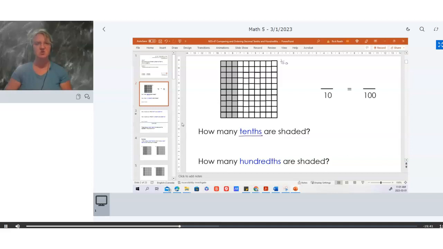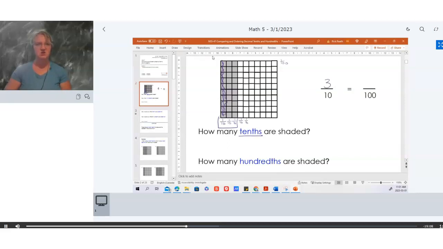Well, if we have 10 groups of those, then that means that this would be 1/10, and this would be 1/10, and this would be 1/10, and so on. This column here, and every following column, would equal 1/10. So if we have 3 columns that are shaded, then how many tenths is that? It's 3/10.